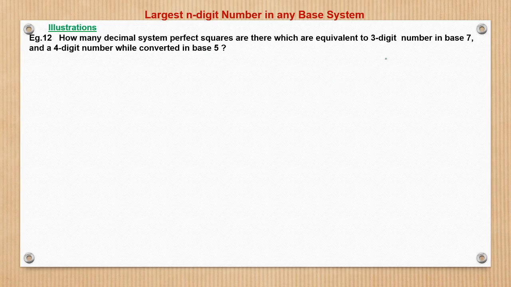So meaning if suppose 121 is a perfect square in base 10, I have to check whether this is also a 3 digit number in base 7 and 4 digit number in base 5. If that is the case, then this is one possible case. And how many such cases are there? So basically if we decipher the question, this is what we get to know, right?